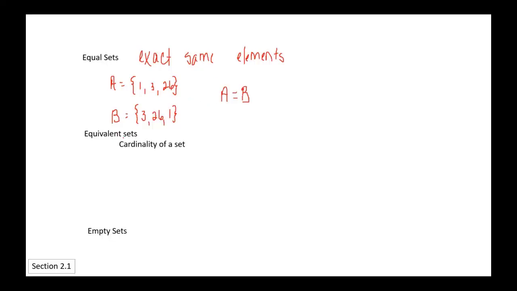Equivalent sets do not have to be equal. Equivalent sets have the same number of elements, and that number of elements is called the cardinality of the set.